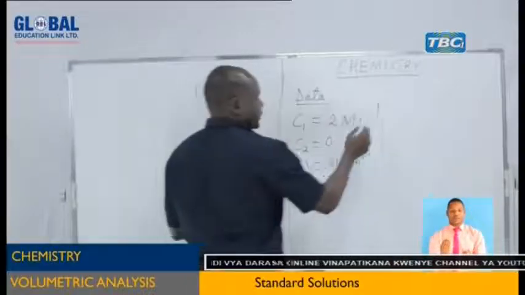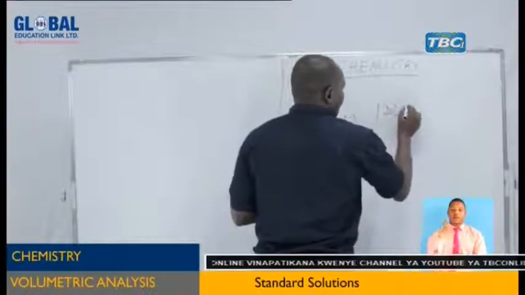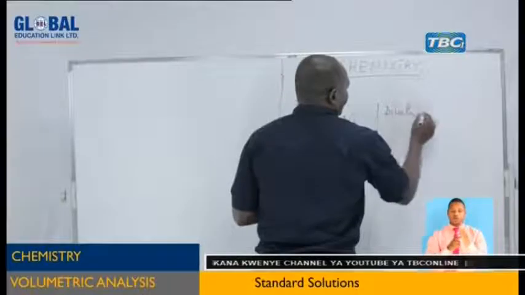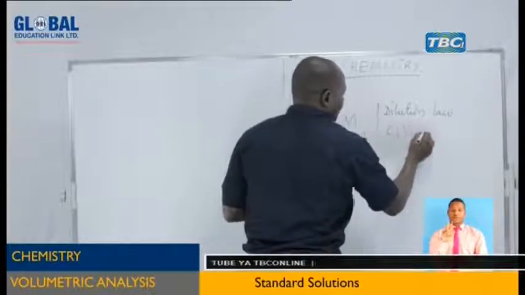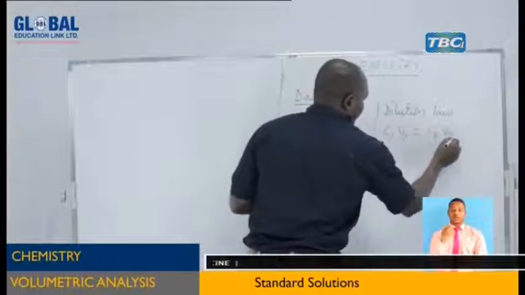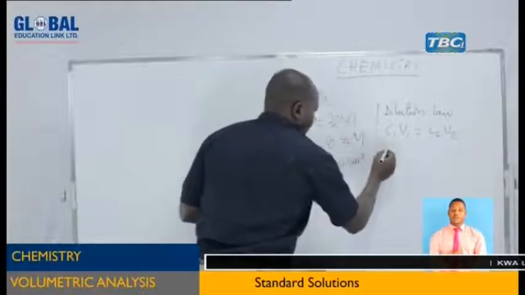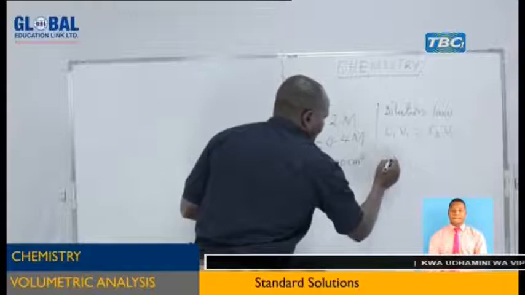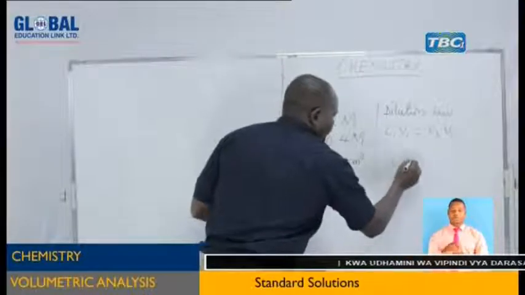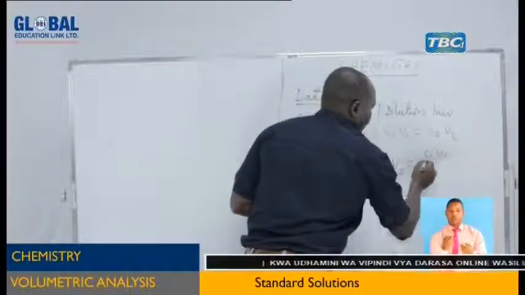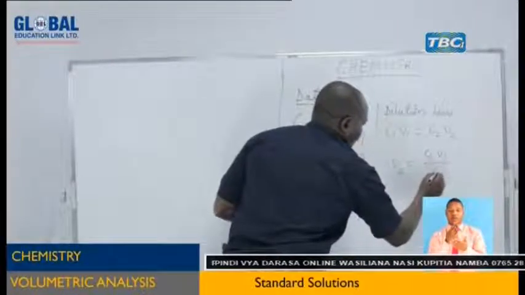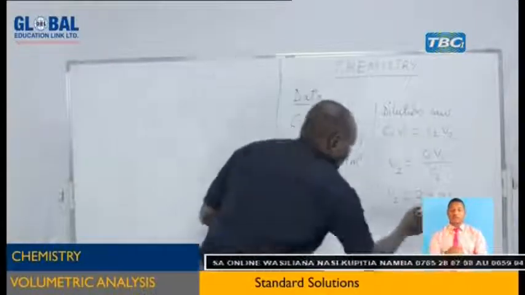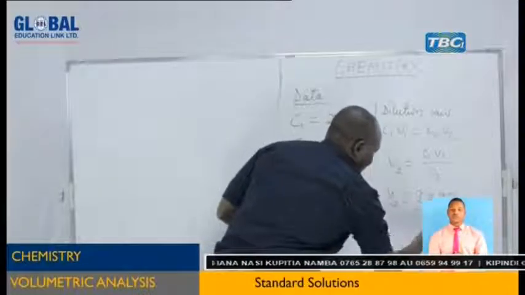As usual, you go to dilution law, that C1 V1 is equal to C2 V2. Now here we are looking for V2. That will be equal to C1 V1, then you divide by C2, which is 0.4.